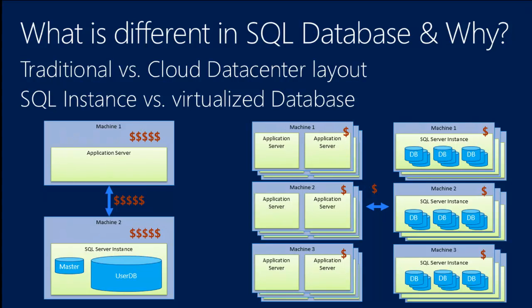In fact, we abstract this layer completely. So, as I said, you have the notion of a logical server, you'll have a master database there, but this is just one of the databases running somewhere, right? And then you create your user database, and that is just running somewhere else, right? And it is running on 3 different machines where we replicate it to achieve the high availability.